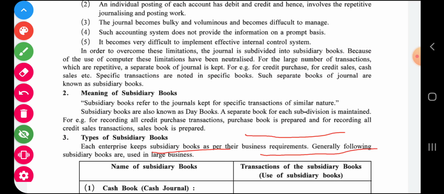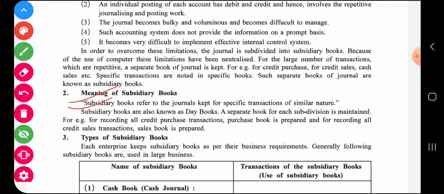So subsidiary book refers to a journal kept for specific transactions of similar nature. To record transactions of the same kind, you divide the journal and record the transactions in it, and each of those parts is known as a subsidiary book.